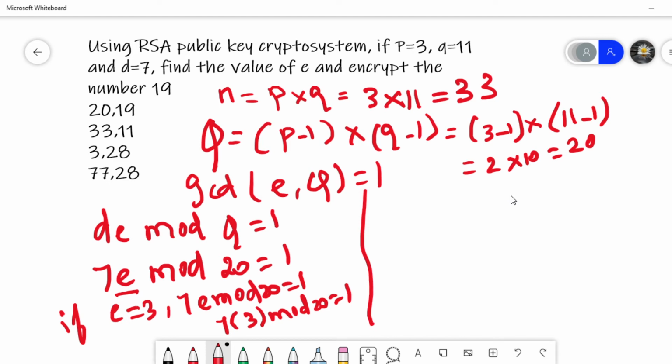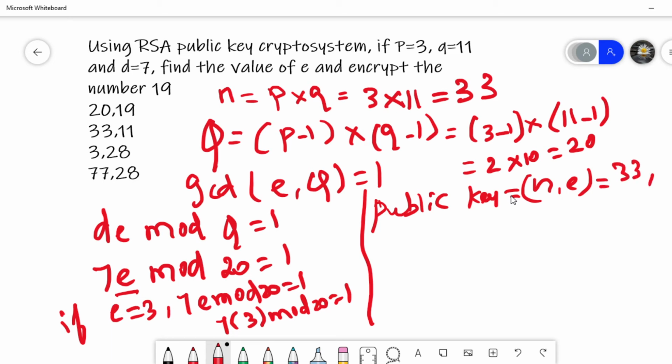So what is the formula for public key and private key? The formula for public key is N comma E. So what is the value for N? 33.